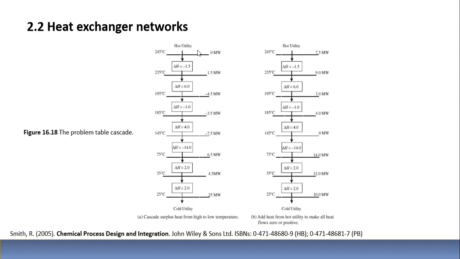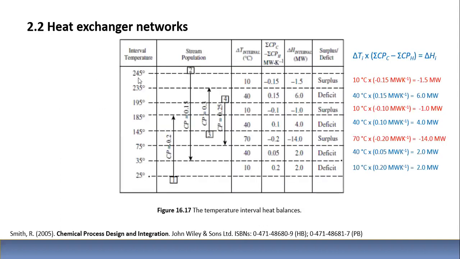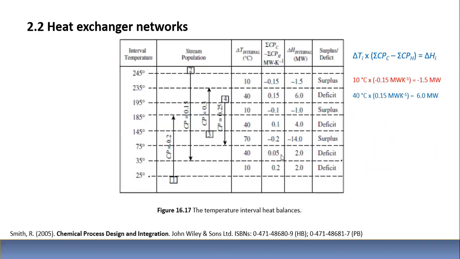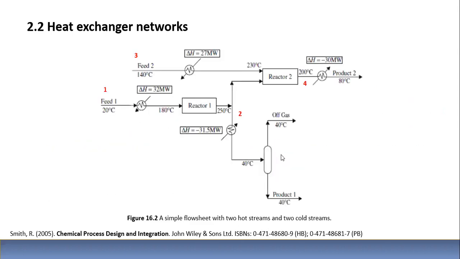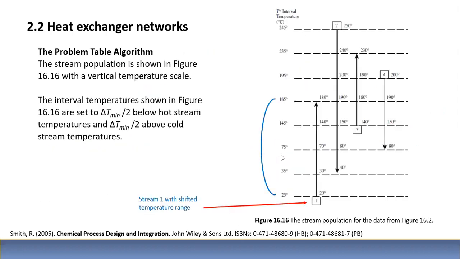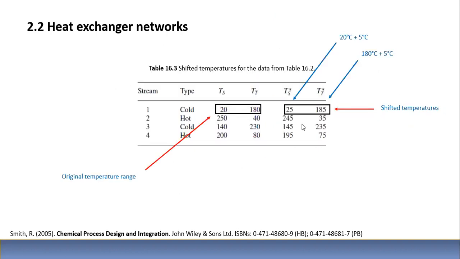So you start with the first one, which is a hot utility coming in, and these intervals are the exact same intervals as the ones we saw here. They all came from the table.